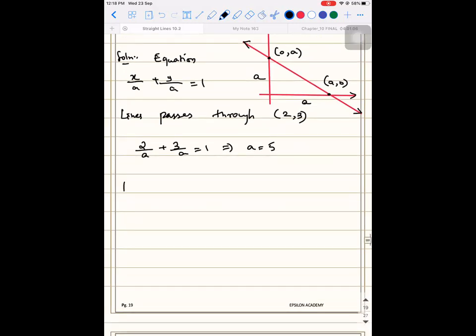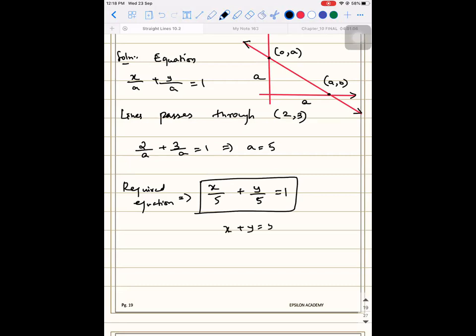So what will be the required equation then? X by 5 plus y by 5 will be equal to 1. Or you can write it as x plus y is equal to 5. Both are right.